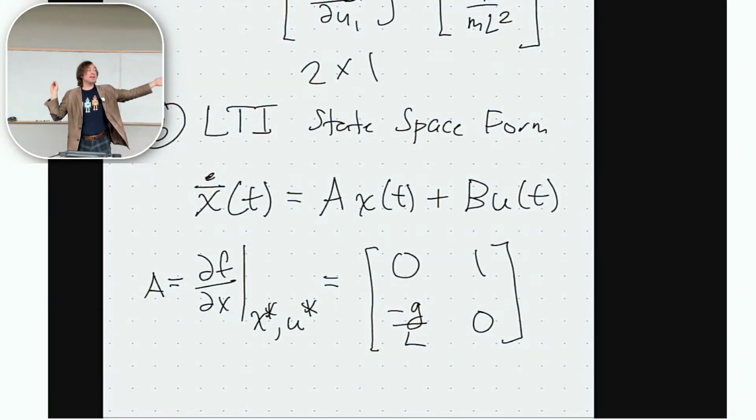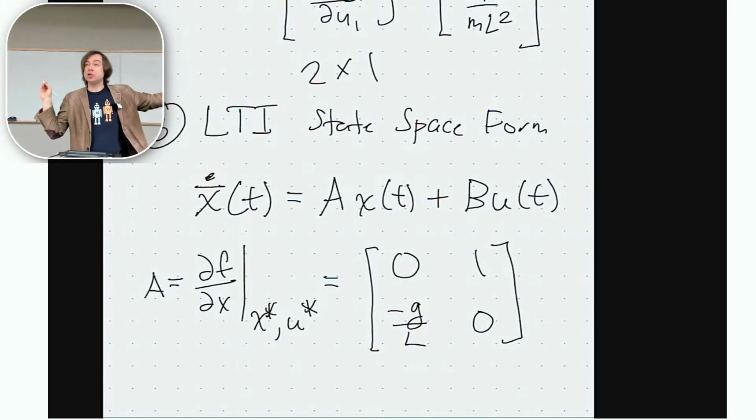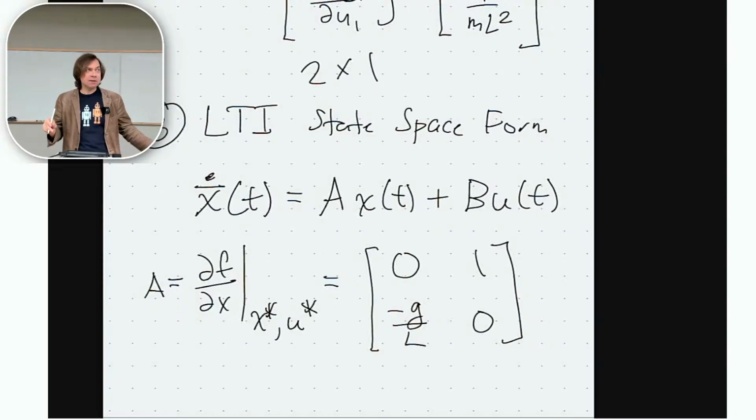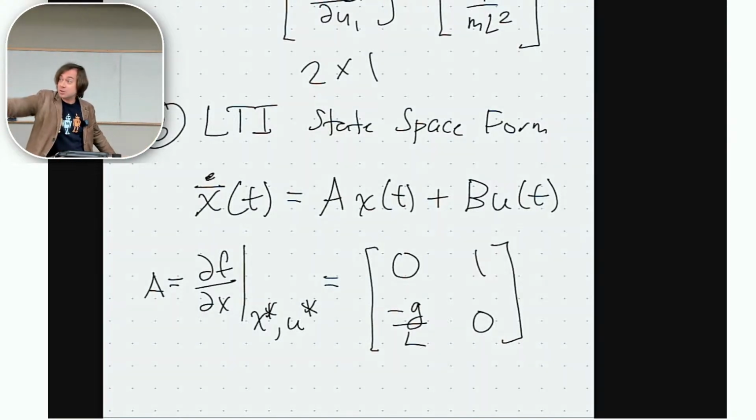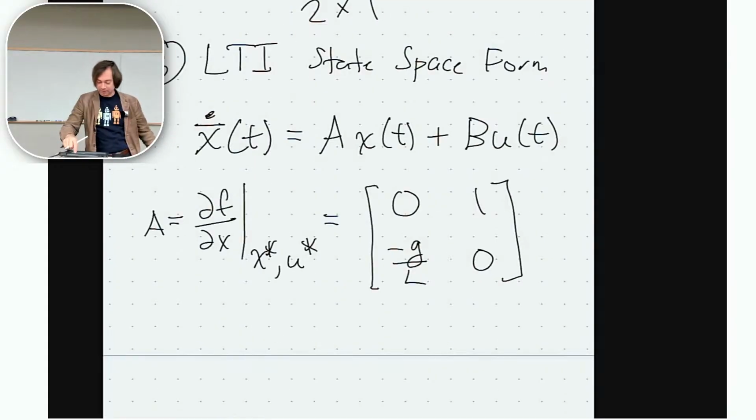That's a matrix full of constants, assuming gravity is not changing. If it were changing, you wouldn't have an LTI system anymore. What does LTI stand for? Linear time invariant, that's right.